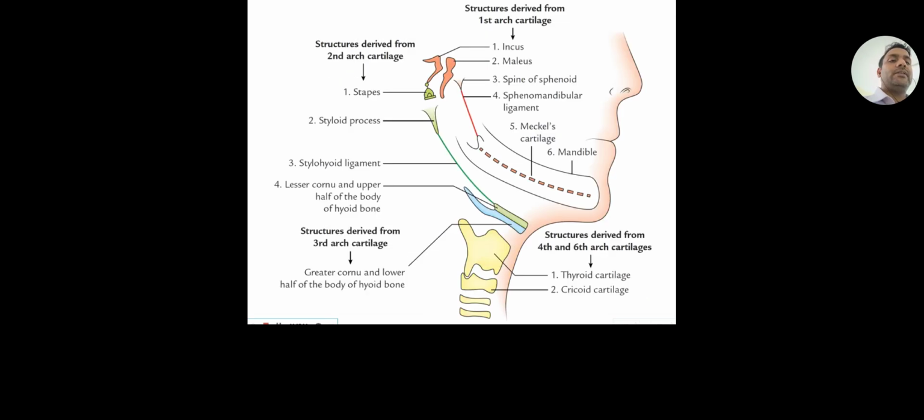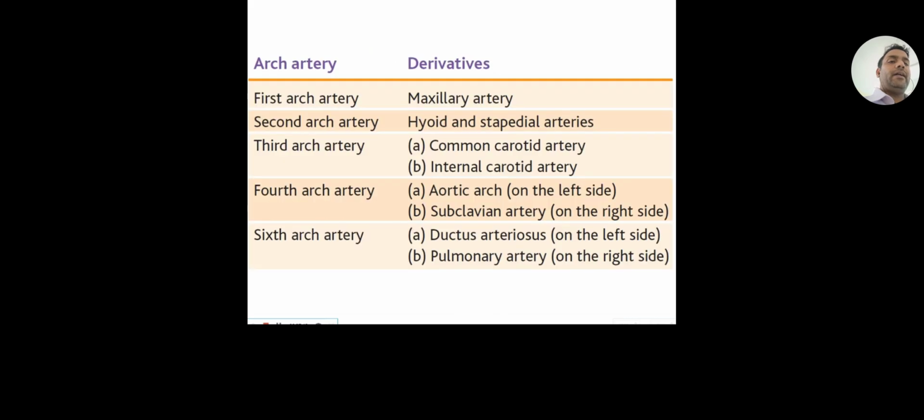You can notice they are one below the other: first arch, second arch, third arch, fourth and sixth arch. Like this, you can understand the derivatives of the arches. They give rise to nerve, muscle, and skeleton of the head and neck.